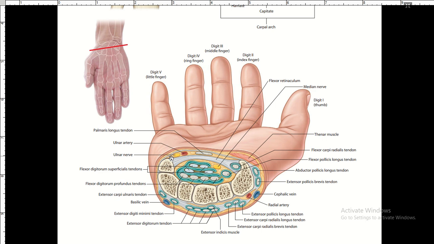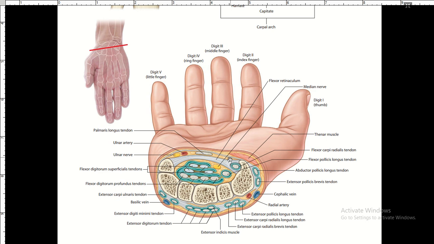But we can appreciate that, moving from medial to lateral, the most medial you're going to have your flexor carpi ulnaris, and then you're going to have your ulnar nerve and your ulnar artery. Right here, you're going to have your palmar cutaneous branch of your ulnar nerve, and then you have your palmaris longus tendon, that will be attaching to the flexor retinaculum and the palmar aponeurosis.